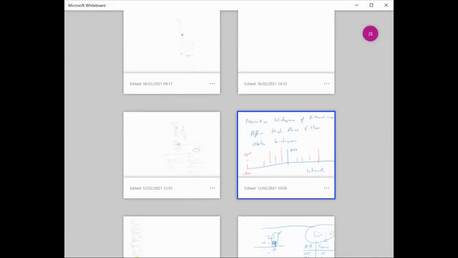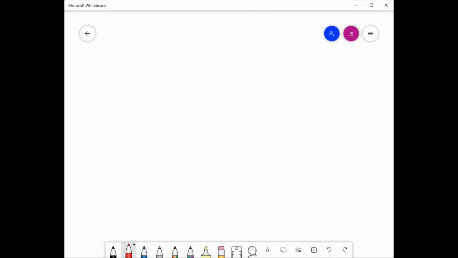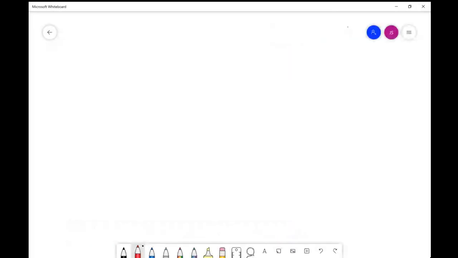That looks like it. Can you see the whiteboard? Yes, we can see the whiteboard. And can you hear me? Obviously, yes, you just replied. Right, guys, let's see where we were.